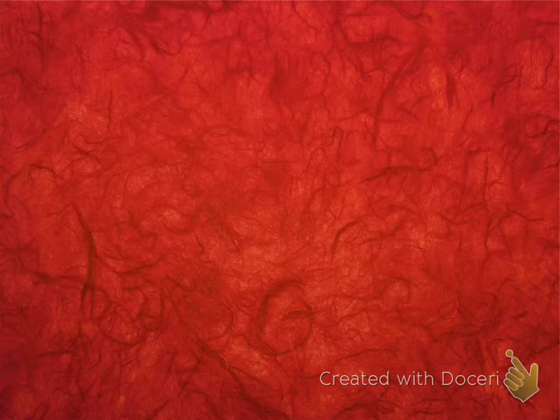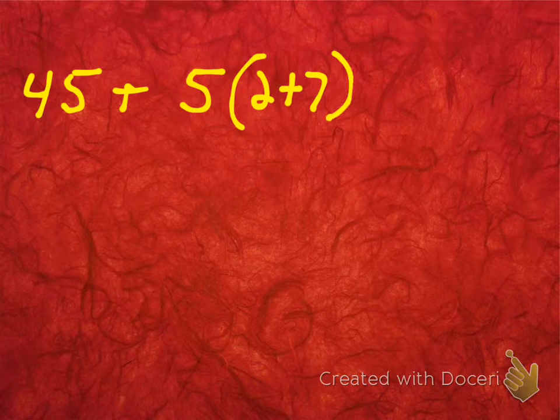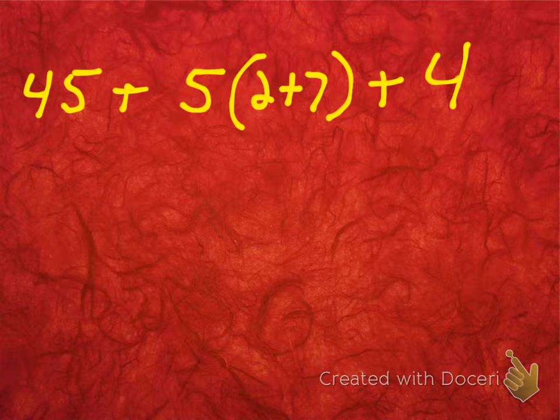Number 4. It says, what is the value of this expression? It's got 45 plus 5 parentheses 2 plus 7 plus 4. This is another example of a PEMDAS problem. In fact, this is one of the easier ones. We do our parentheses first. 2 plus 7? 9.